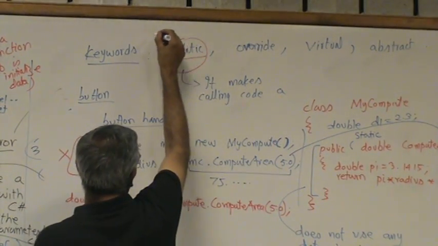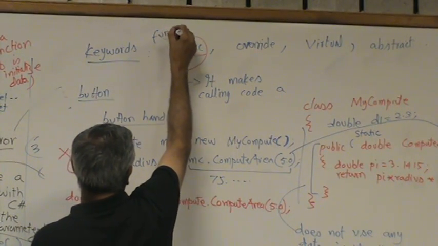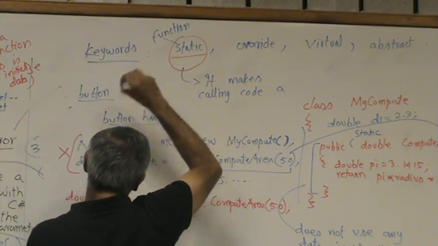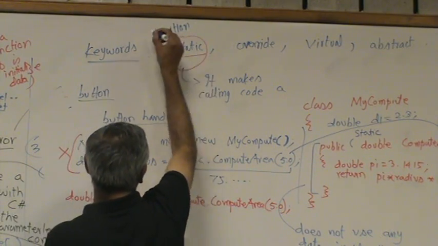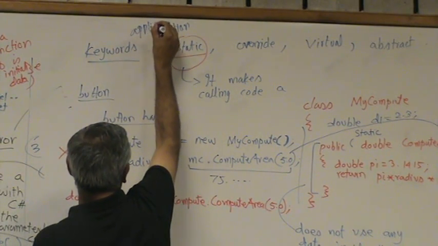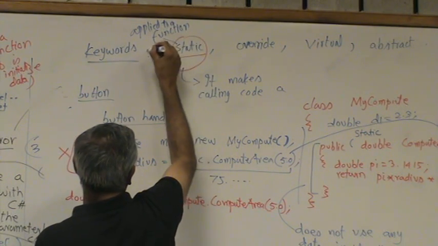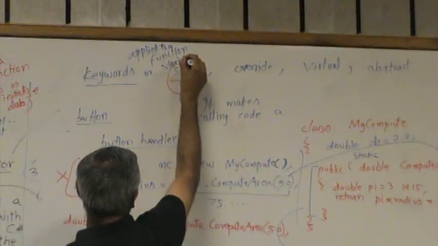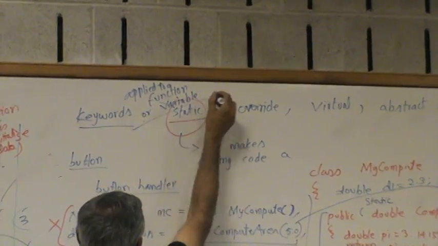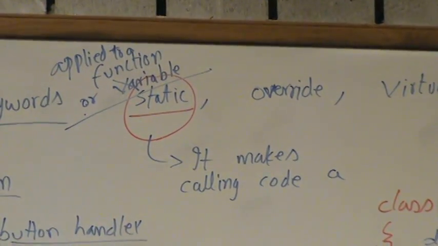So static can be applied to a function or a variable inside a class. Okay, I haven't discussed the static variable yet.